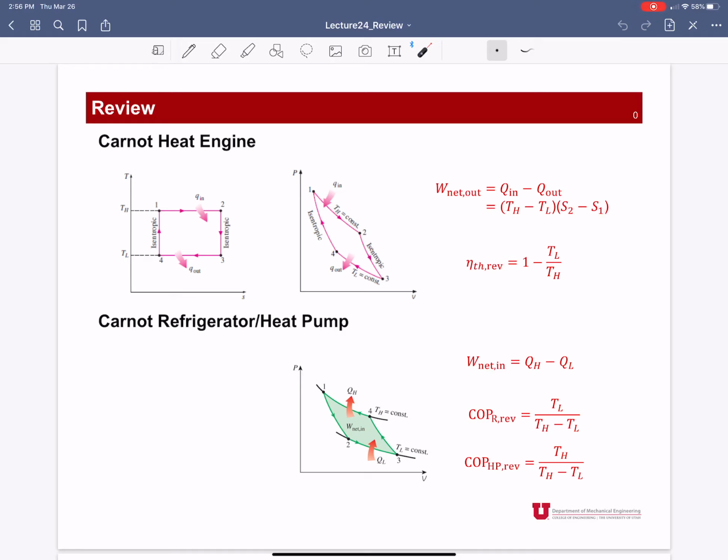That in fact represents the area of the closed loop made by the four processes. Also, we can express this W net out graphically in the PV diagram, which is also the area made by the closed loop of the Carnot cycle.